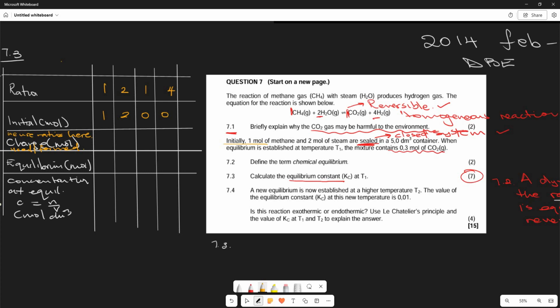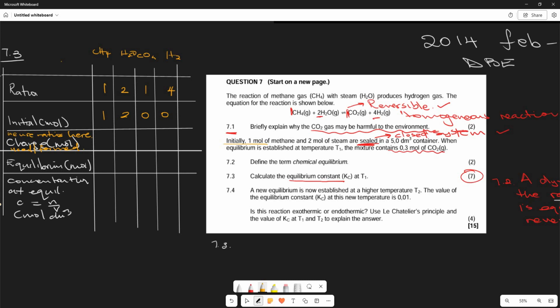So with that, what did they say again? They said at equilibrium, the number of moles of carbon dioxide, CO2, and this one is H2O, this one is CH4, and that will be the hydrogen gas.